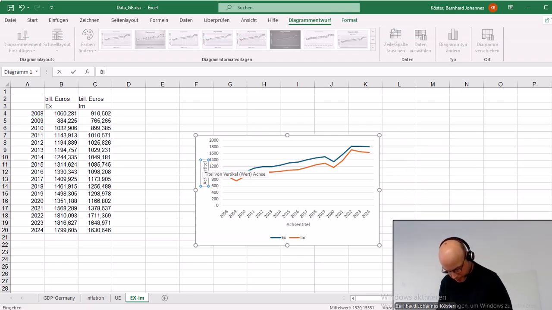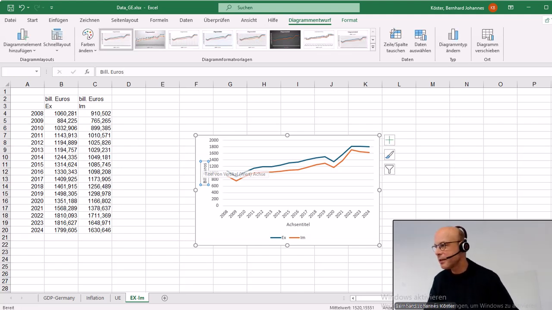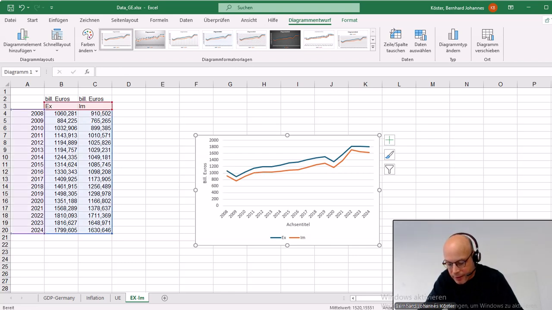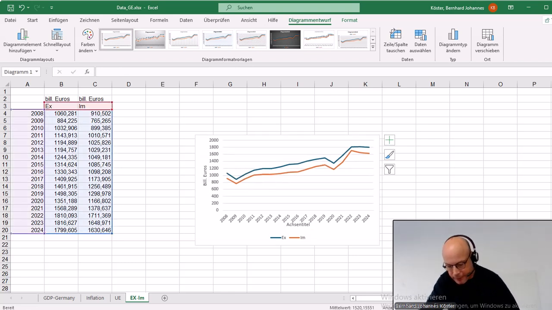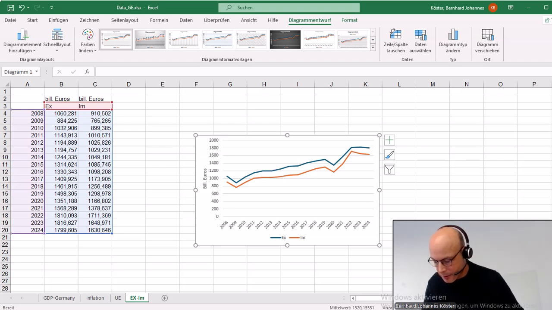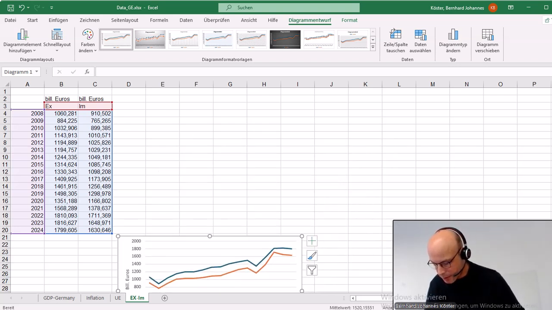And billion euros. Please be careful that also in your term paper, every relevant thing is then written in your diagrams. Because otherwise I do not know what you are showing.